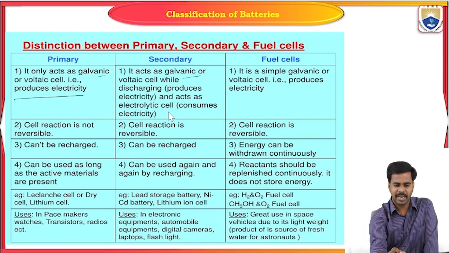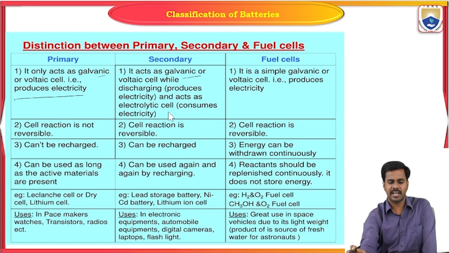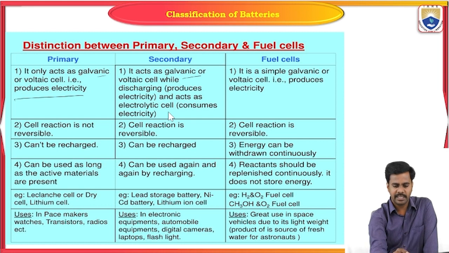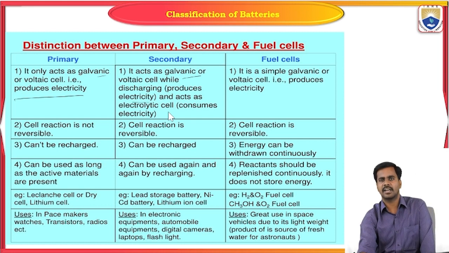Whereas a secondary battery acts as a galvanic or voltaic cell during the discharging process. That means it produces electricity, that is conversion of chemical energy into electrical energy, and it acts as an electrolytic cell. That means it consumes electricity, converting electrical energy into chemical energy while acting as an electrolytic cell.